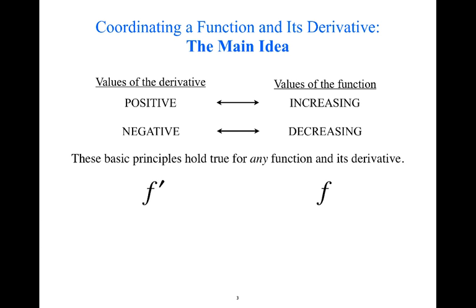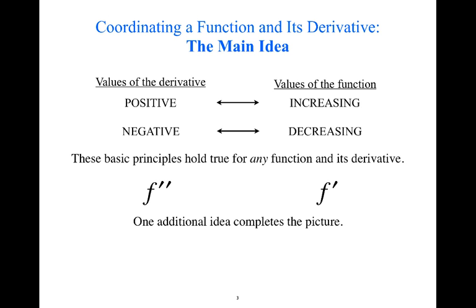So they hold true for the original function, which we often think of as accumulation, and its rate, the derivative, but it also holds true for the relationship between the first derivative and the second derivative. If the first derivative is increasing, then the second derivative is positive, because it's the rate of the first derivative. And if the first derivative is decreasing, then the second derivative is negative.